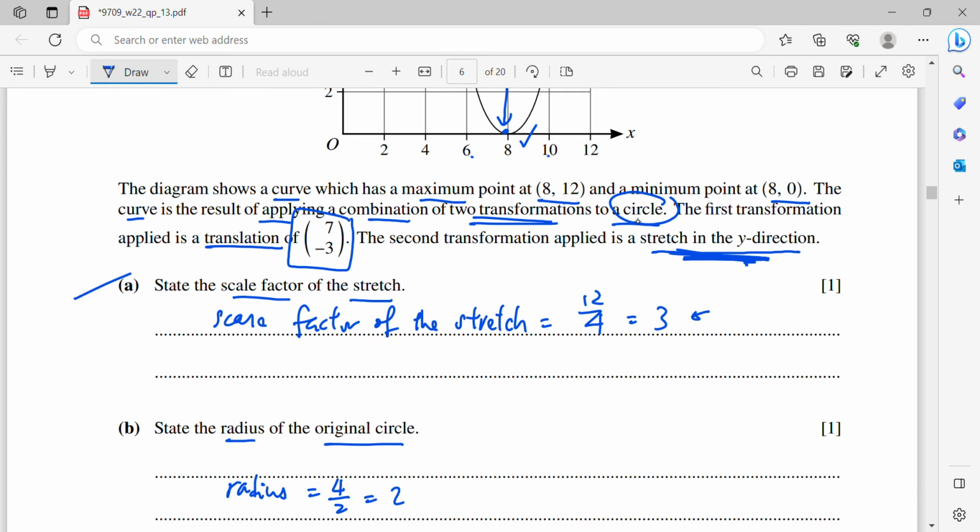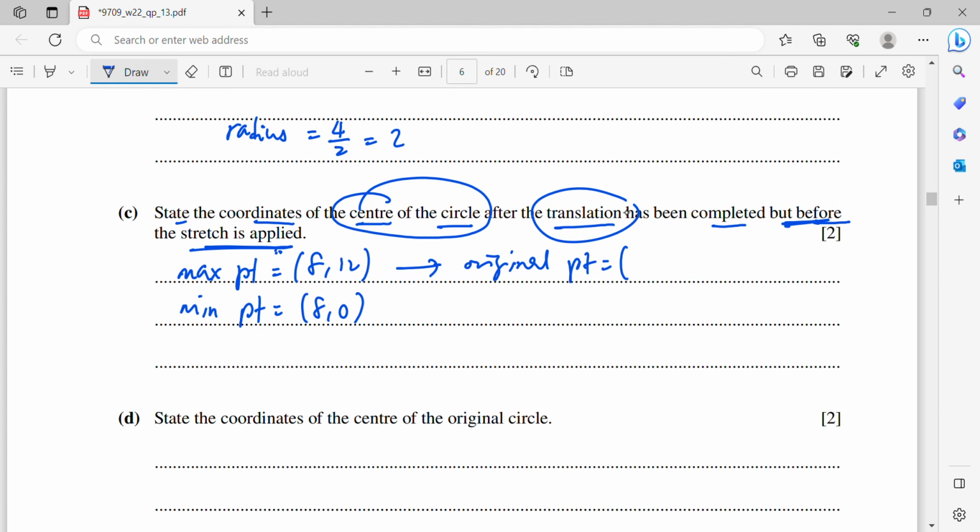Since this is a stretch in the y direction, that means it will affect your y coordinate, right? So when you stretch, the y coordinates will be triple the original y values, which means your original points will have 8 and 12 over 3 because the scale factor is 3. So from here we know that it is 8 then 4.